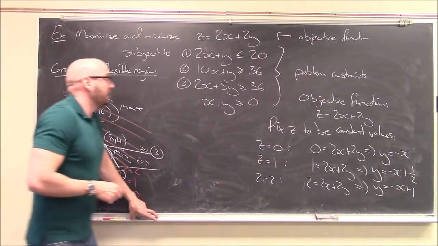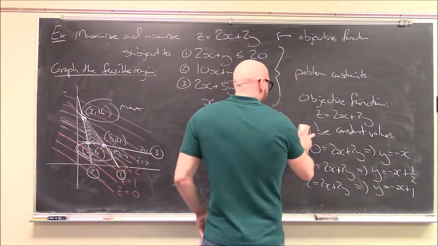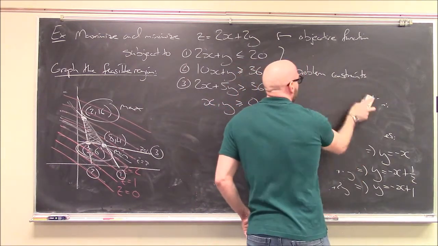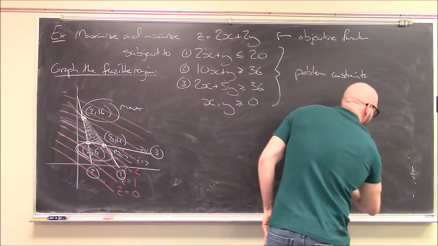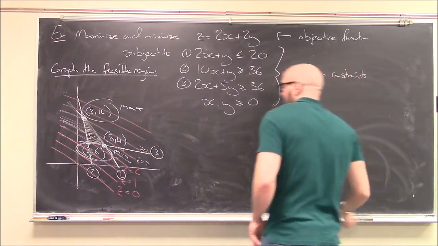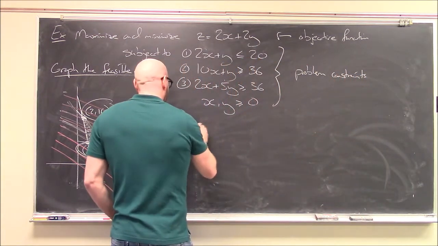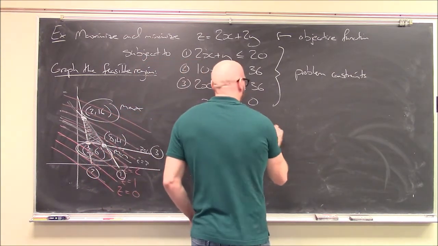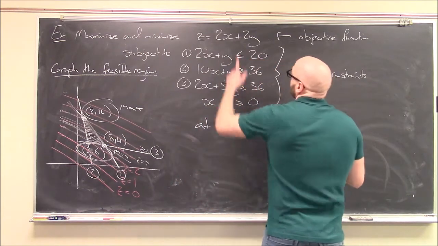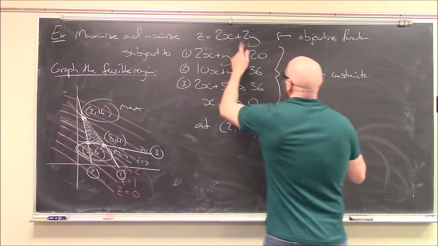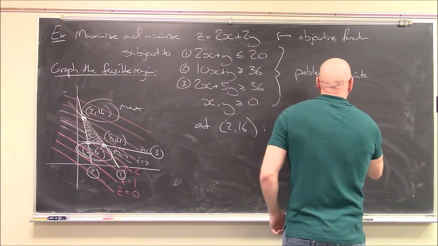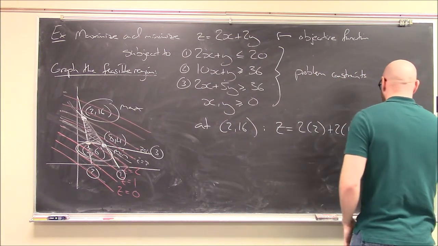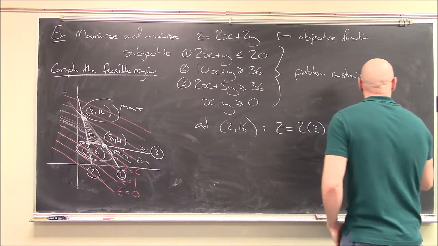So all I have to do now is find the value of the function at the corner points. So we have, at (2, 16), z is going to equal 2 times 2 plus 2 times 16, which is 32, plus 4 is 36.